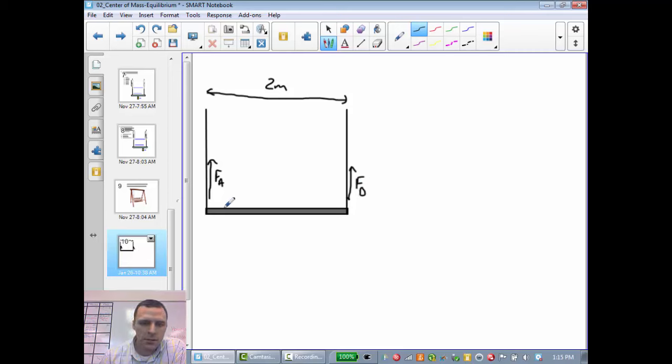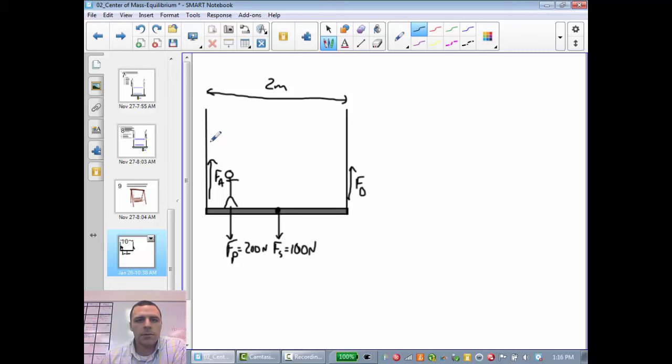And on the swing, we're going to have a person, and we'll call this force P for person. This swing also has weight, so we'll call that force S for the swing. The swing will have a weight of 100 newtons, and the person will have a weight of 200 newtons.